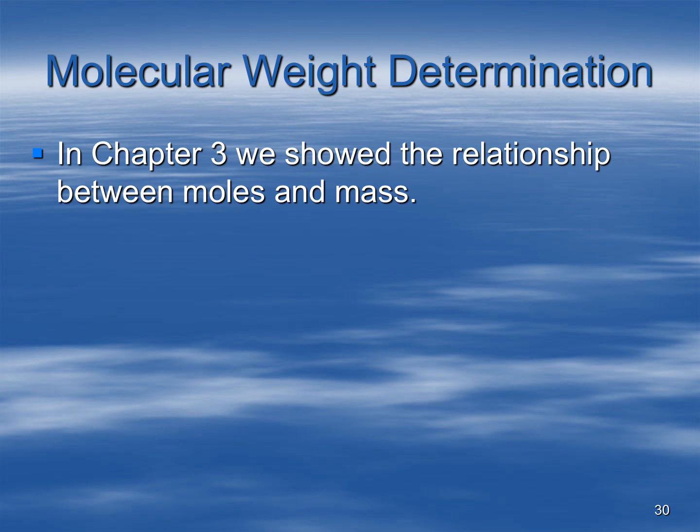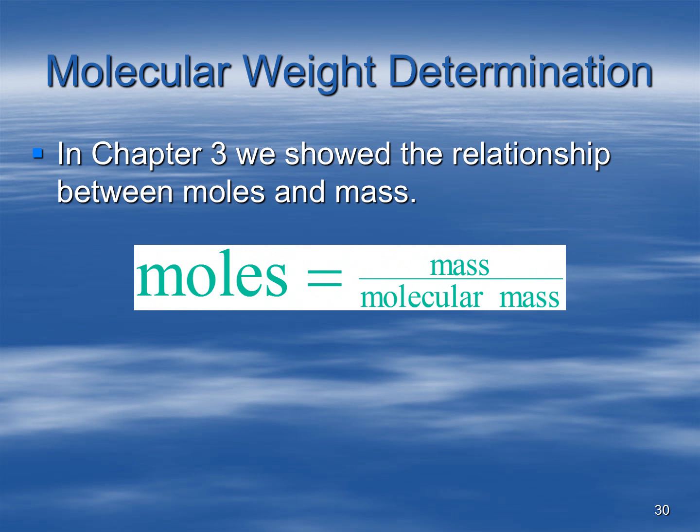All right, in chapter 3, we showed the relationship between moles and mass. Moles equal mass over molecular mass, or molar mass, or molecular weight, however you want to call it. Because molecular weight is grams per mole, moles is grams divided by grams per mole.